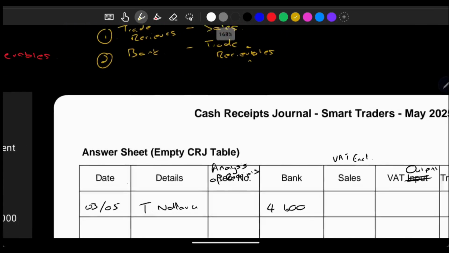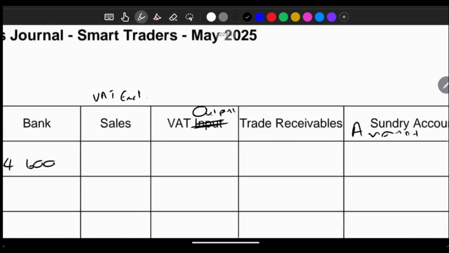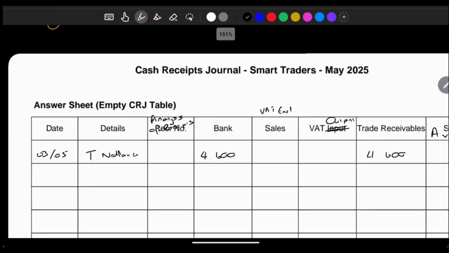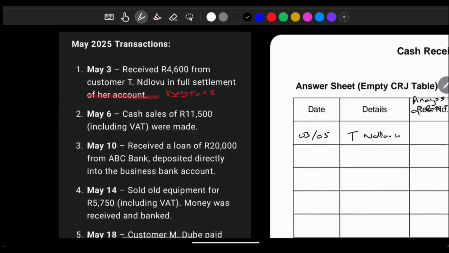In this case, what we're recording is the payment, hence we have bank and trade receivables 4,600. That's it. You've recorded the first transaction and everything is great.